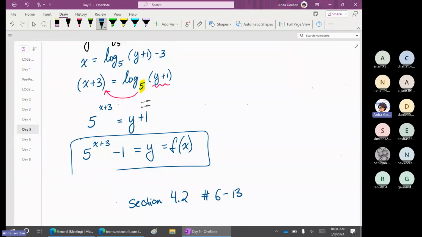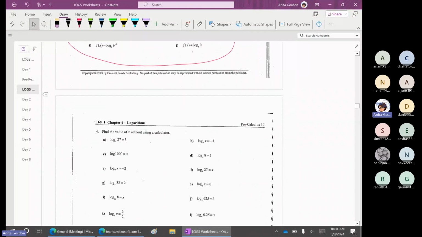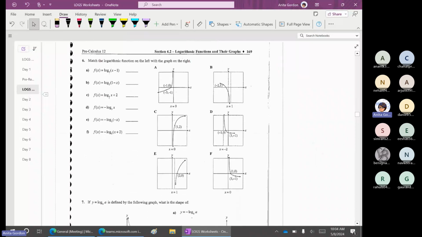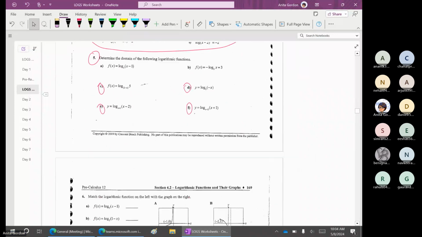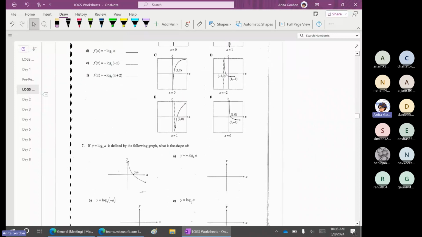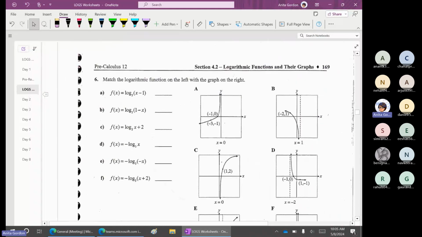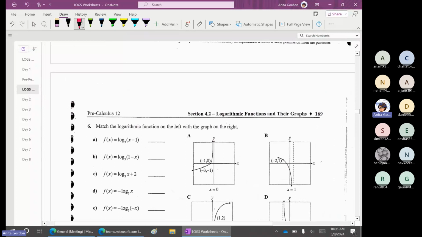I'm going to try to pull it up on my screen here because I do want to point something out to you. Remember that when we're dealing with graphs, the rules for transformation still apply. So let's recap our transformation stuff.